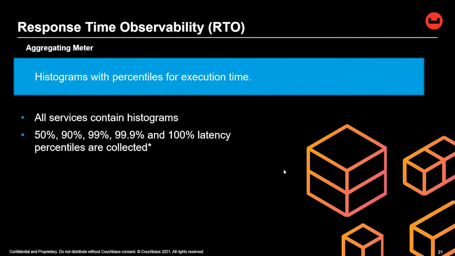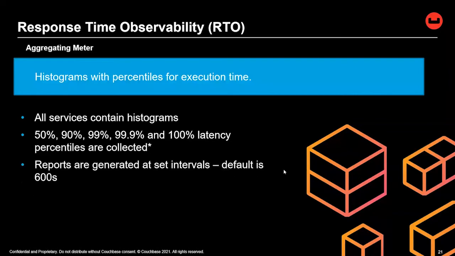The 50%, 90%, 99%, 99.9%, and 100% latency percentiles are collected. There are slight differences, so some of the SDKs may be a little bit different here, but most of them use these percentiles. Reports are generated at set intervals. The default is 600 seconds, and the total count is also included.